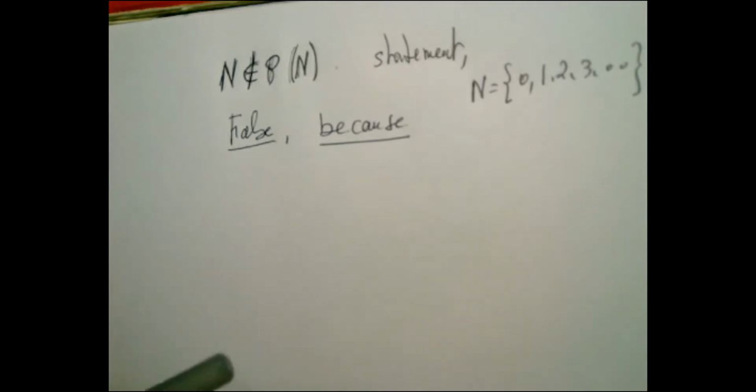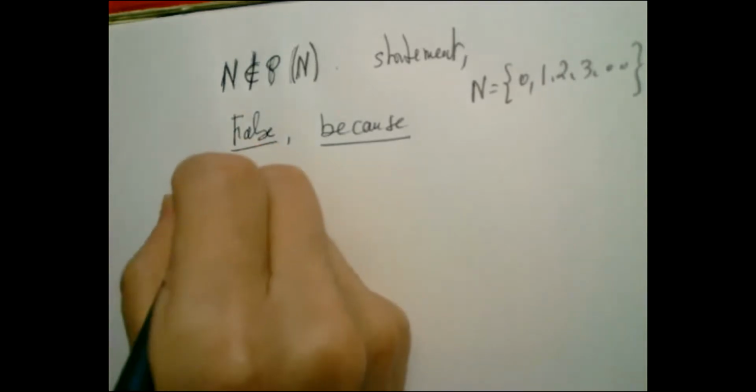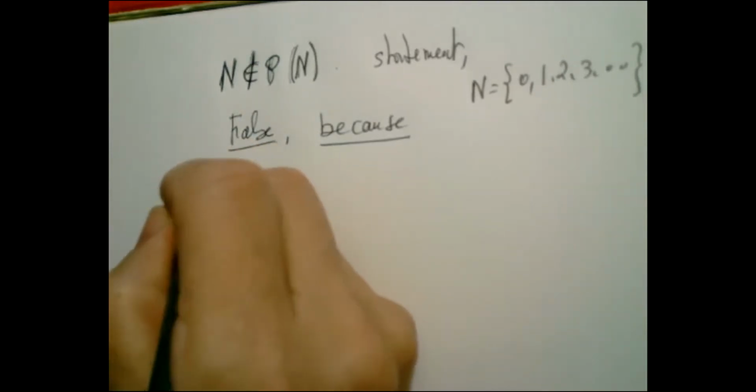What does it mean that something is not an element of the power set? Or what does it mean that something is an element of the power set? Who would like to tell me the because? Why is the statement false? Wouldn't N be an element of the power set because it itself is a subset of N? Exactly.